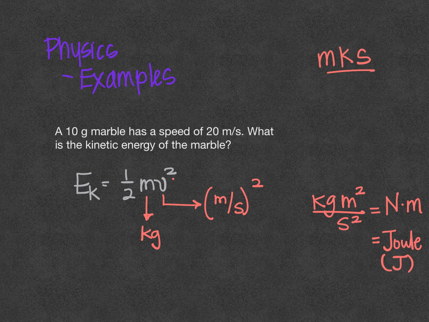So we need to make sure that all of our units are in kilograms and meters per second. So when we look at our problem here, we have a 10-gram marble and 20 meters per second. So it looks like our mass needs to be converted, but our velocity or our speed is in the correct unit.